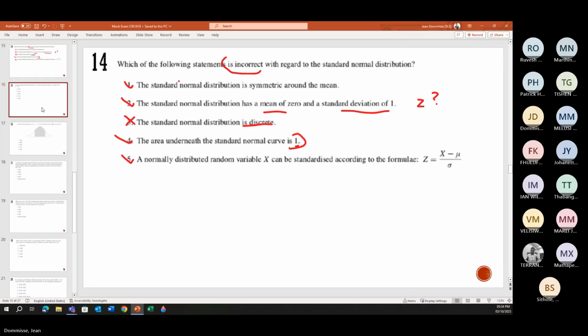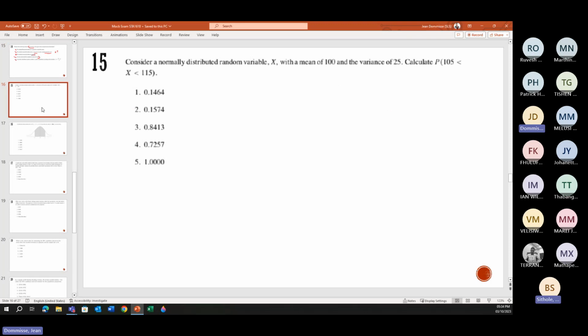Okay, so then we go into working out the normal distribution. This question very specifically asks us to work out the probability that x is between 105 and 115.